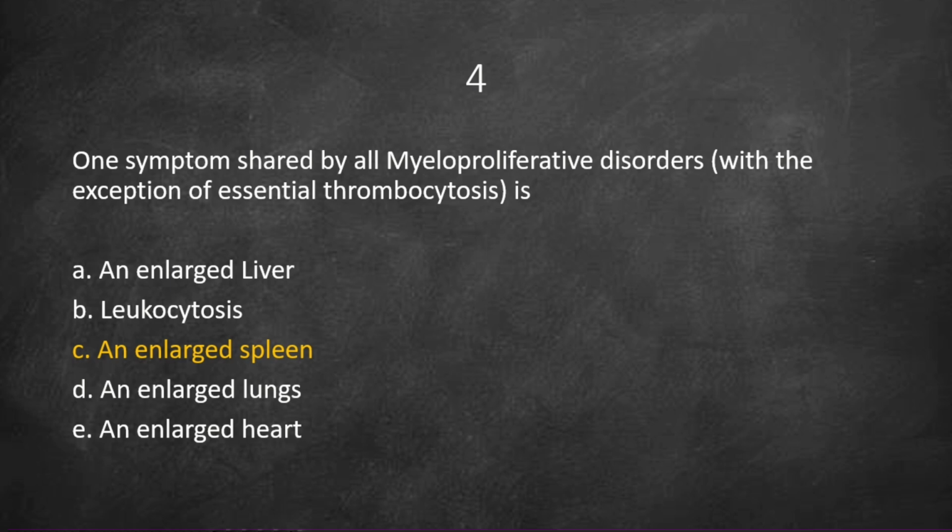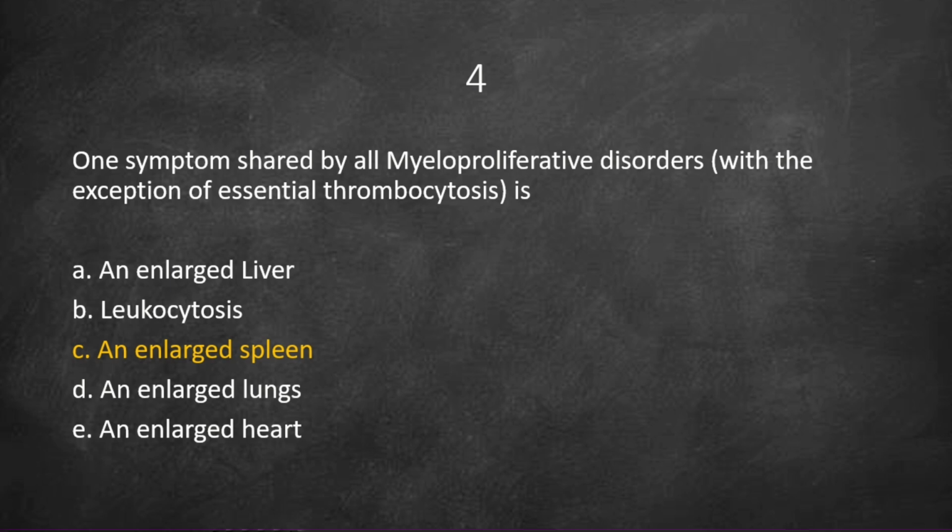For all the myeloproliferative disorders, if you take polycythemia vera, chronic myeloid leukemia, or primary myelofibrosis, you would see splenomegaly. Splenomegaly, that's enlargement of the spleen, is common in these types.